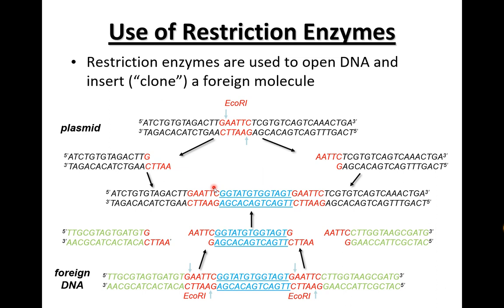You would add that enzyme, it will form the phosphodiester bonds here and here, and as a result, you would end up having a recombinant DNA made by your plasmid, opened up at the multiple cloning site with the EcoR1, with inside it the sequence of DNA that you wanted to clone.